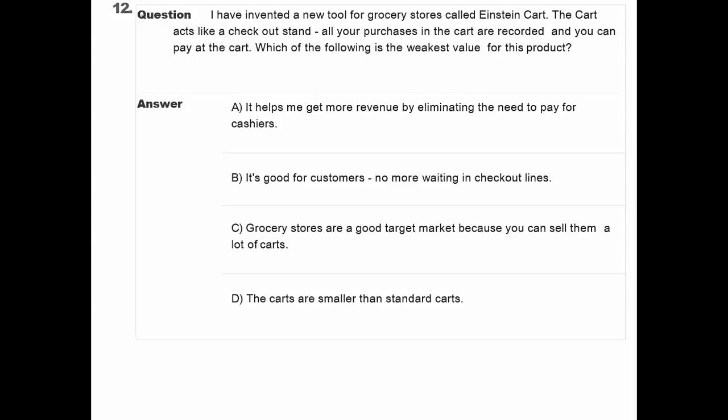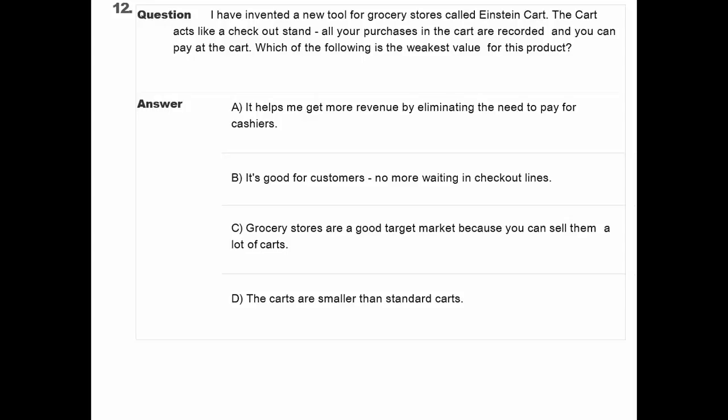Right away, when I talk about values, I'm thinking about emotion, economics, or utility. It helps me get more revenue by eliminating the need to pay for cashiers. Possibly, it's a correct statement. It's good for customers. No more waiting in checkout lines. Definitely, strong answer. Grocery stores are a good target market because you can sell them a lot of carts. The carts are smaller than standard carts.